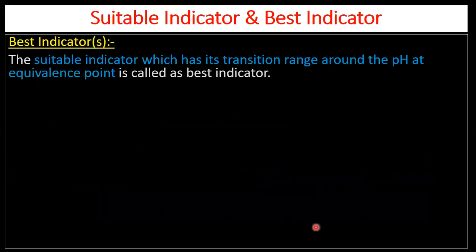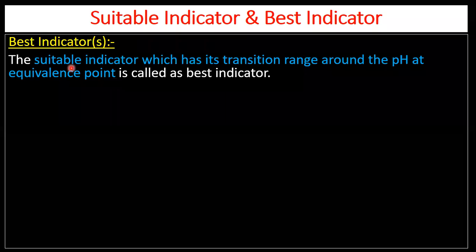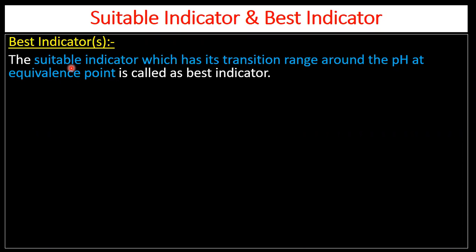So what is the best indicator? The suitable indicator which has its transition range around the pH at the equivalence point is called the best indicator, right? Best indicator हा नेहमी suitable indicator असतो, but a suitable indicator may or may not be the best indicator.